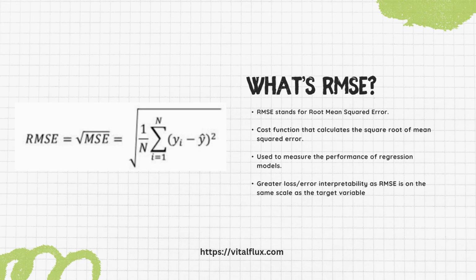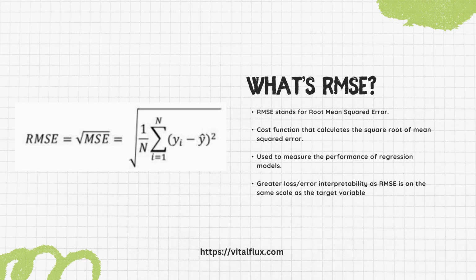If our house is say $100,000 and the model predicted value is say $130,000, the RMSE will actually be $30,000. So this helps in greater interpretability of the error.